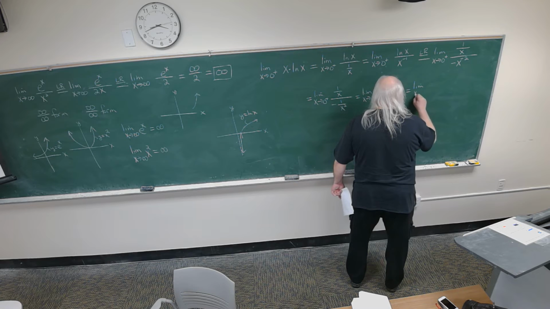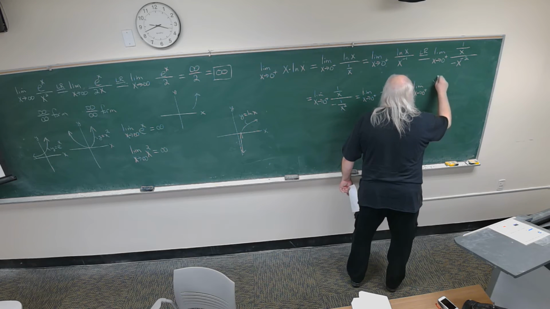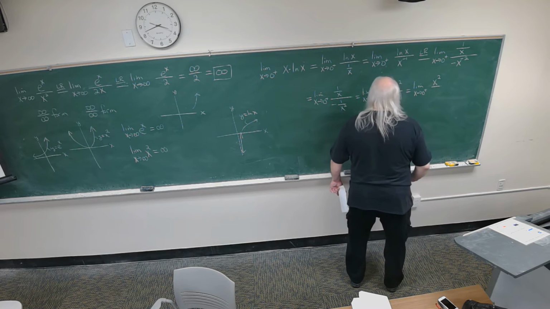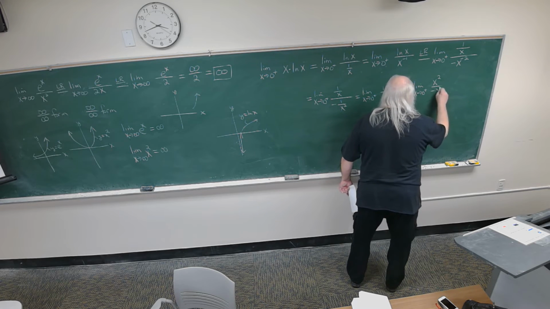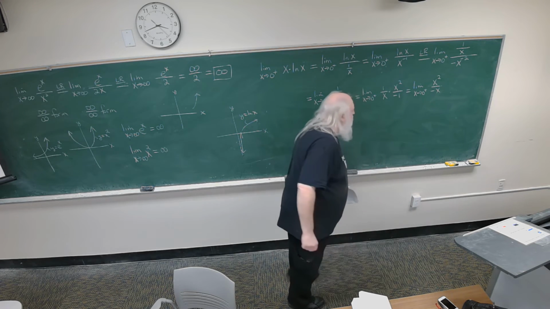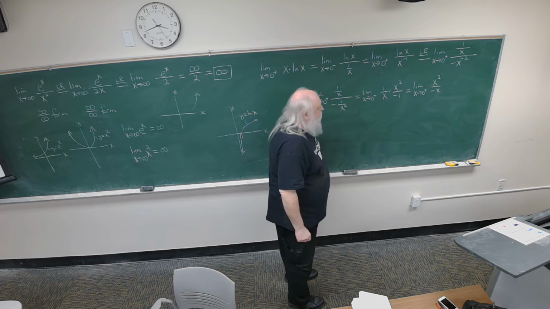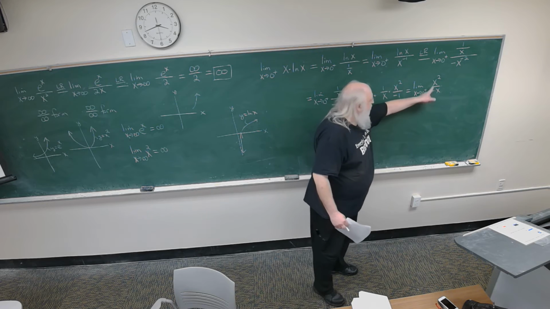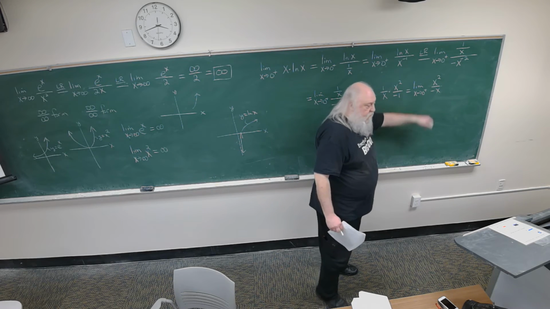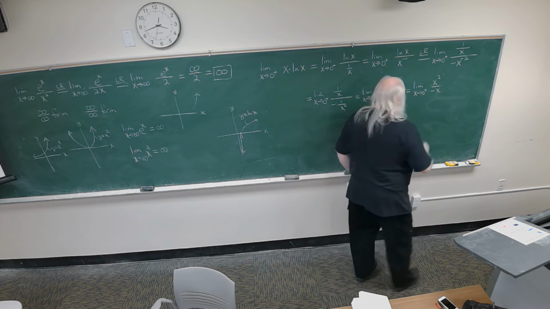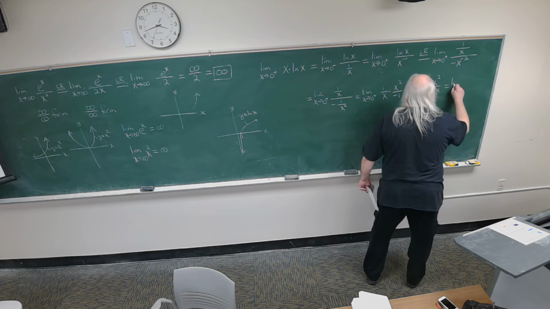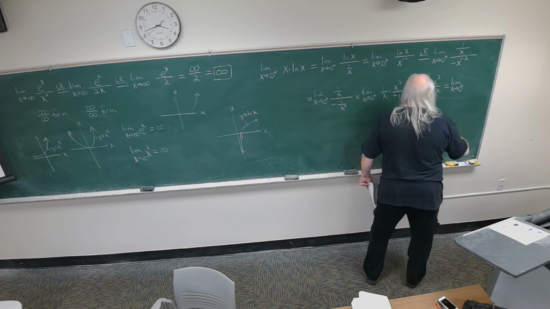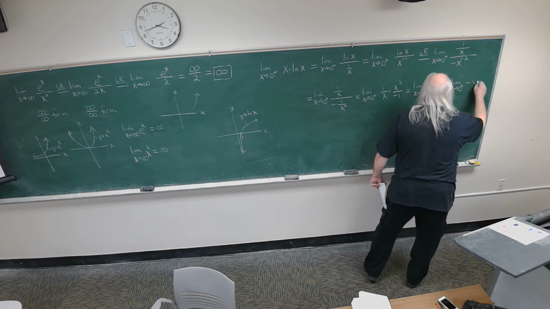Review is always good. 1 times x squared is x squared, and x times negative 1 is minus x. The rules of exponents, right? This x cancels out one of those x's, and we're just left with a negative x.